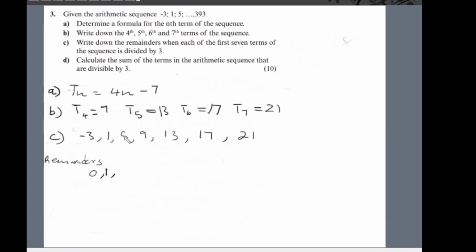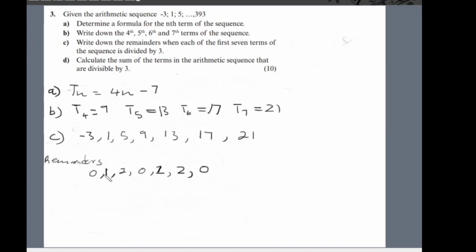And then divide 5 by 3, which leaves 2, so 2 is our remainder there. 3 goes into 9 3 times, so there's no remainder there. 3 goes into 13 4 times with a remainder of 1, right? 13 divided by 3 has a remainder of 1. 3 goes into 17 5 times with a remainder of 2, right? 3 goes into 21 7 times, so there's no remainder there.